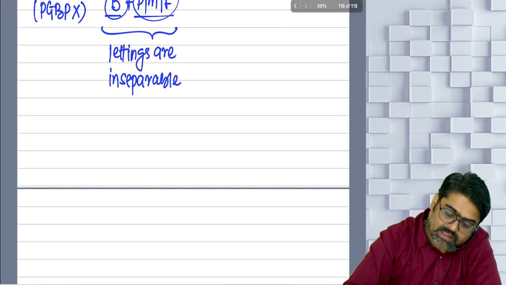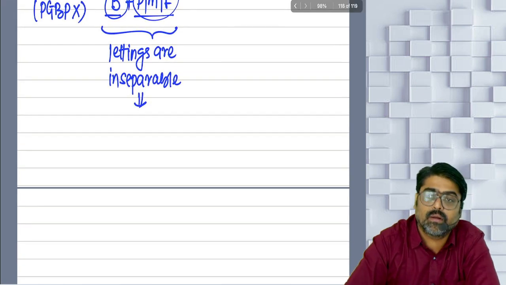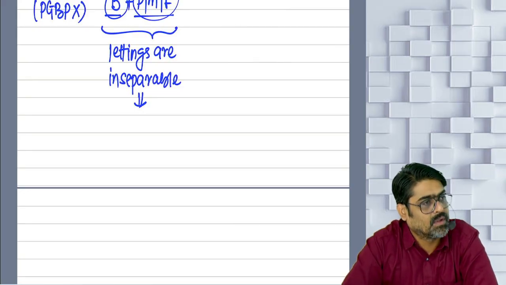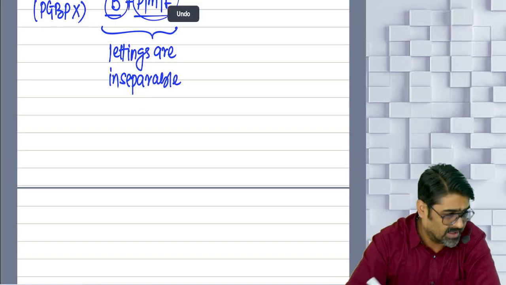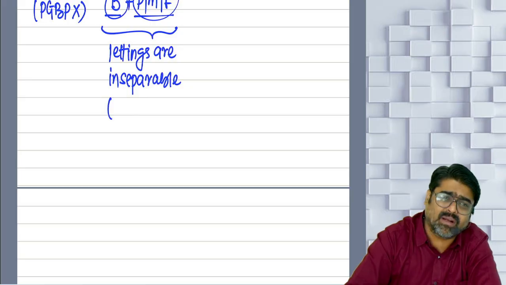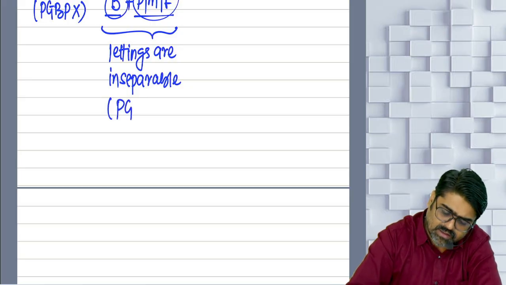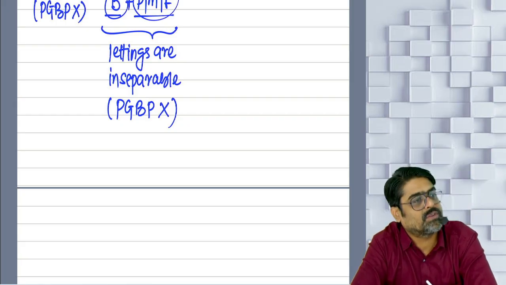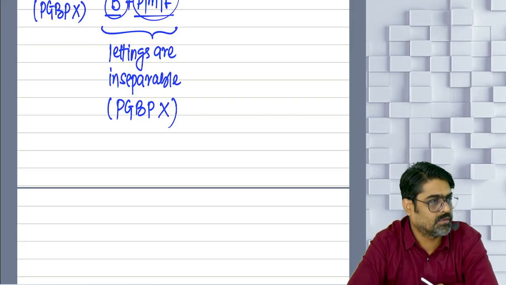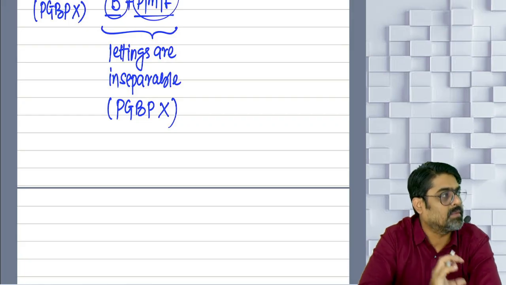Now if the lettings are inseparable, then you are not supposed to separate the rent. In that case, whatever rent is coming will be taxable under the head IFOS. Composite rent will be taxable under the head IFOS if it is not getting taxable under the head PGBP. So first you will have to check whether my business is to do such lettings, building along with plant, machinery, furniture.